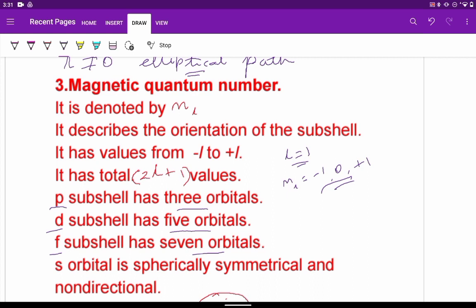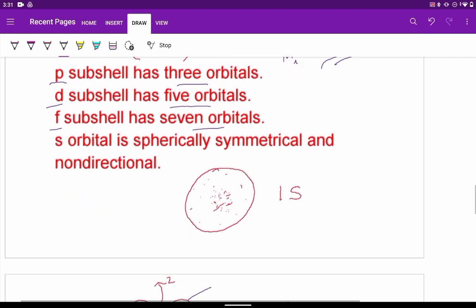S orbital is spherically symmetrical and non-directional. Somewhat like this we can represent the S orbital. In case of the 1s orbital, the electron cloud is maximum at the nucleus and decreases with the distance.